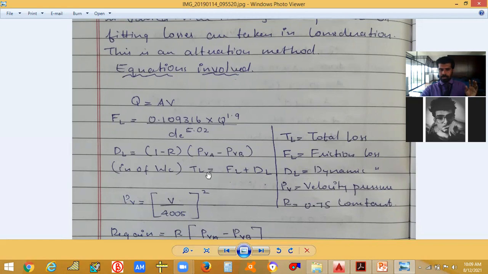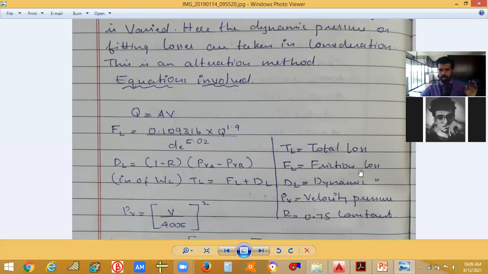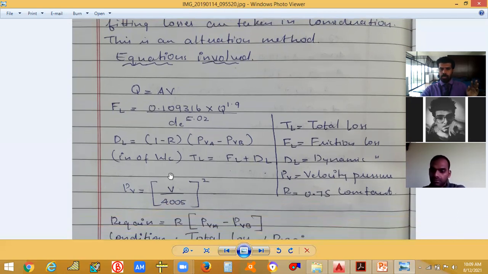Another thing is the fitting loss or friction loss. That formula is TL equal to FL plus DL. FL means friction loss and DL means dynamic loss, so TL, the total loss, equals friction loss plus dynamic loss. PV is found by the formula (V/4005) all squared.